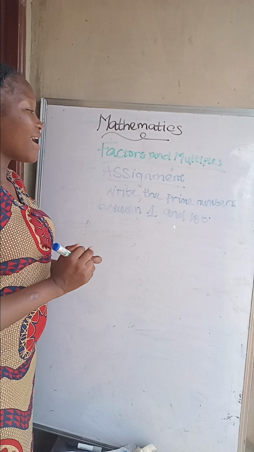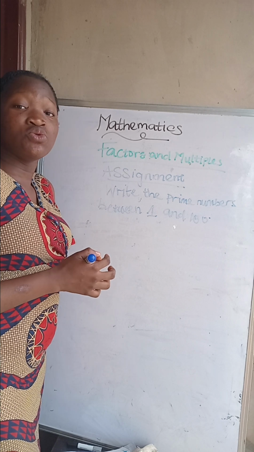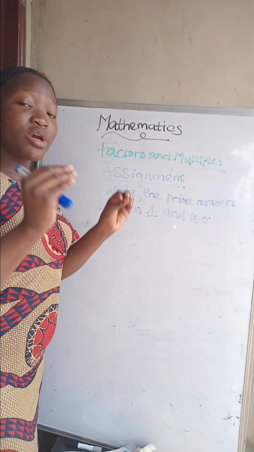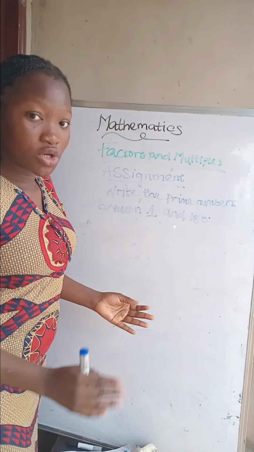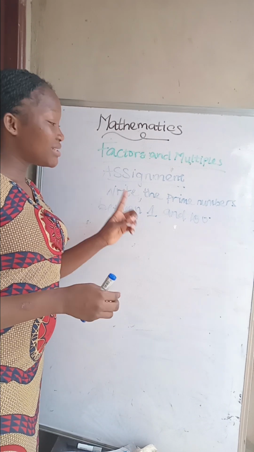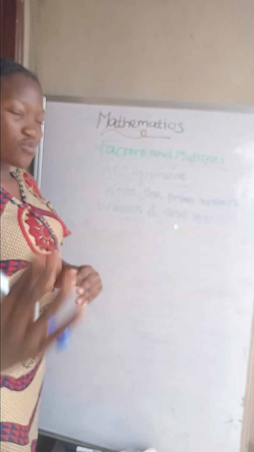So that's the assignment. Write prime numbers between 1 and 100. The minute you know the prime numbers, the minute you'll be able to know the prime factors. So let's first know the prime numbers. You write the prime numbers between 1 and 100 for me, and we'll go through it tomorrow.